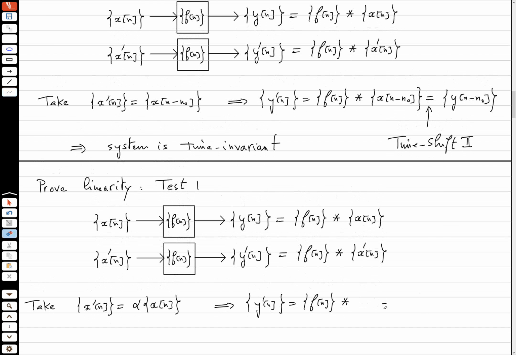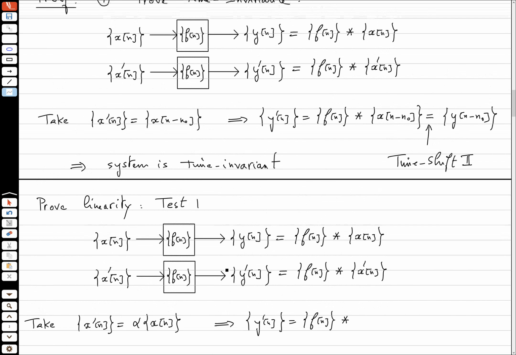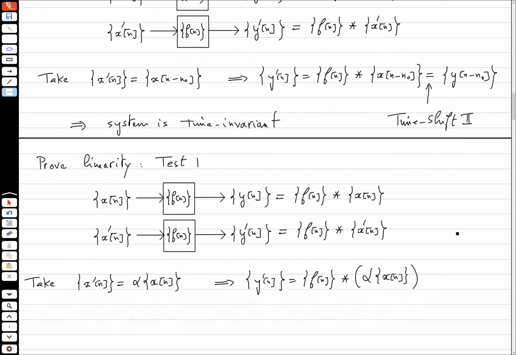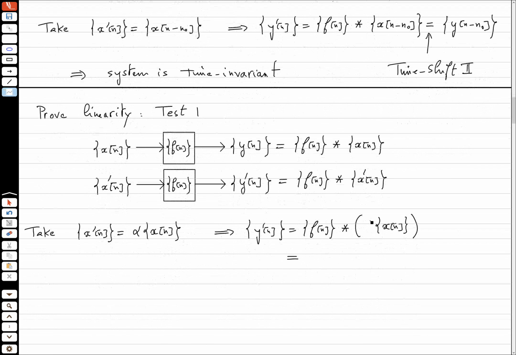All right. So for linearity test 1, it's similar to time invariance, except that we don't do shifts, but scaling. If I take x prime equals alpha x of n, then you get this. Is there any property you feel like using? The third property was called homogeneity.